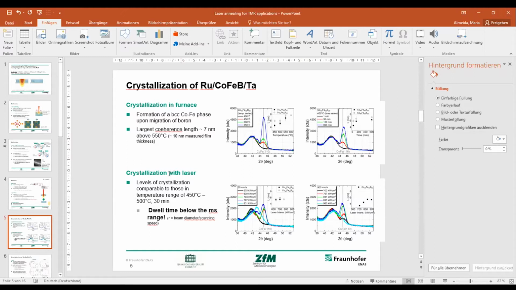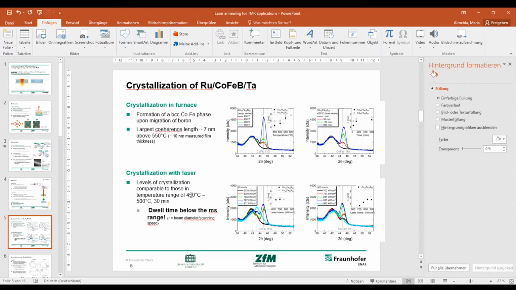And with laser, we could achieve levels of crystallization which are comparable, of around 6 nanometers coherence length, which are quite comparable to those of 400 to 500 degrees Celsius.